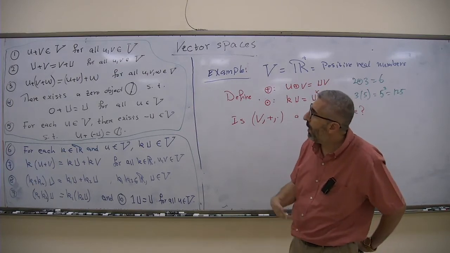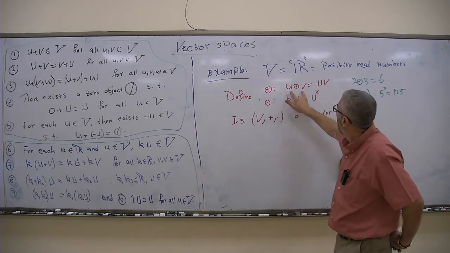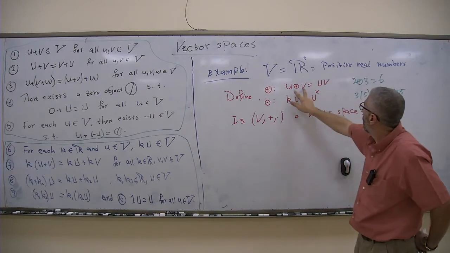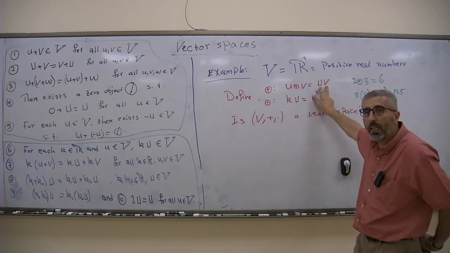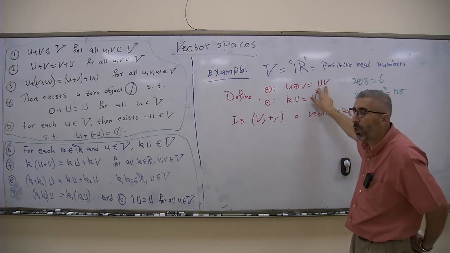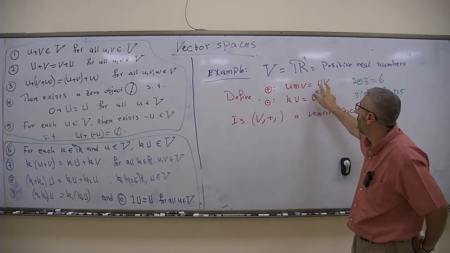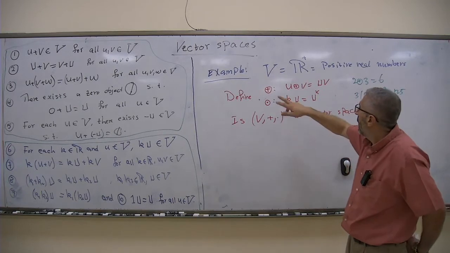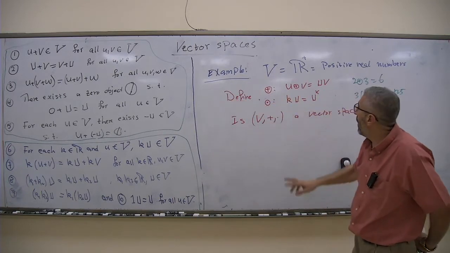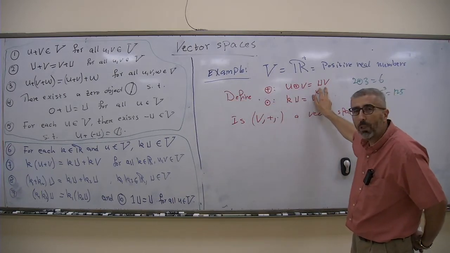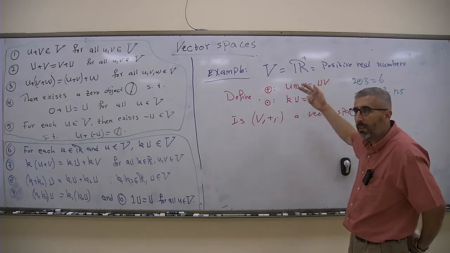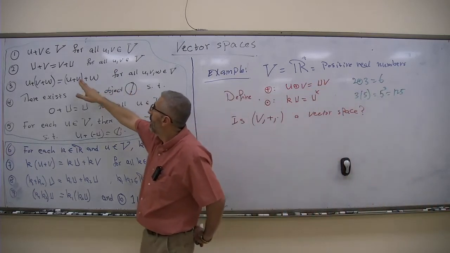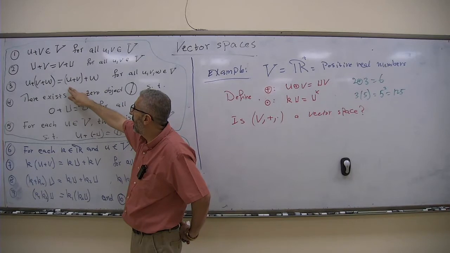If you think about the first one, we are talking about positive real numbers, so this becomes multiplication. If you multiply two positive real numbers, you get a positive real number. So the first one is valid. If you take the second one, u plus v is uv, and in multiplication this is still valid.